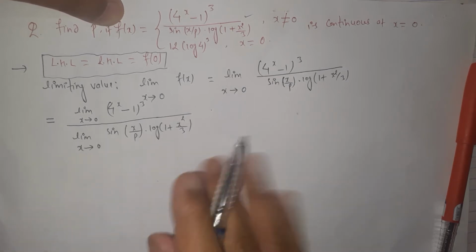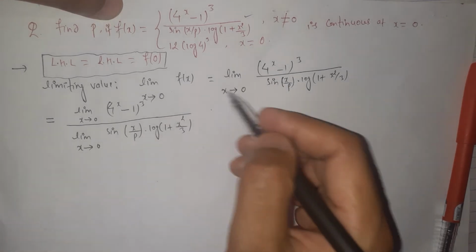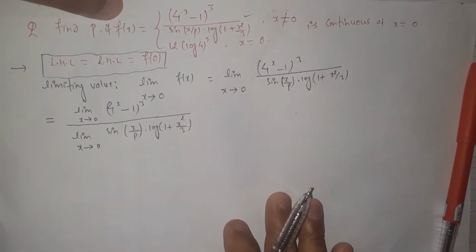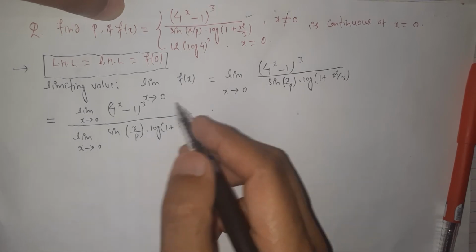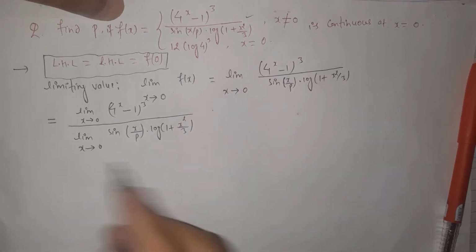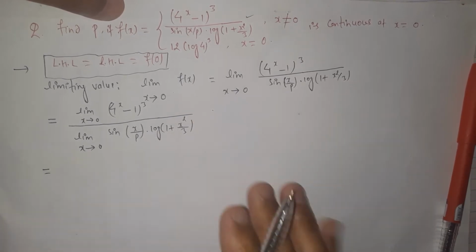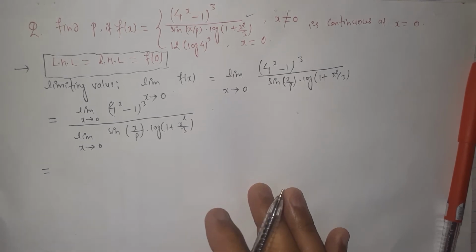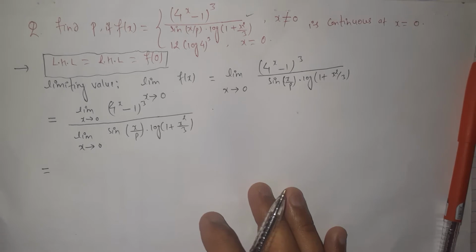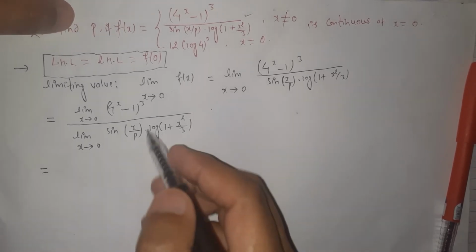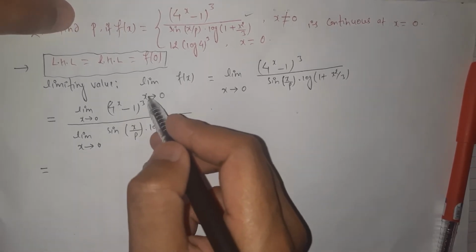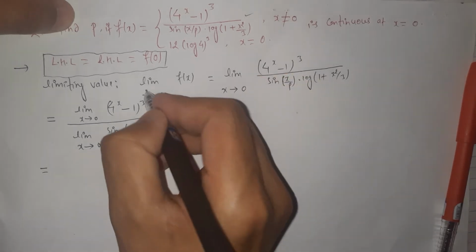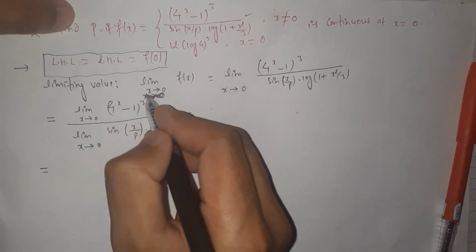In this step we just distribute the overall limit to the numerator and denominator functions, by the property of limits. Let's calculate the limiting values of the numerator and denominator functions, with x tends to 0.